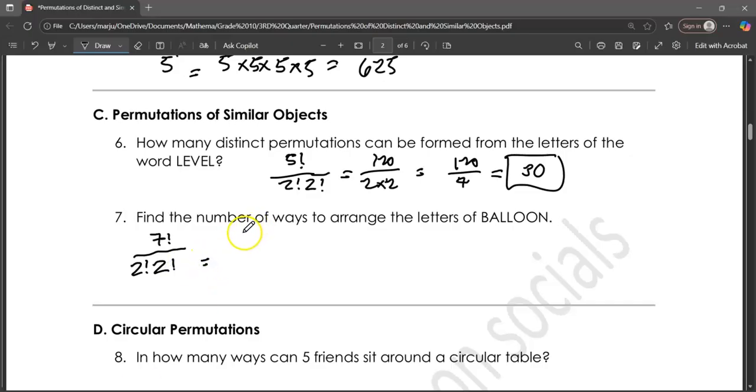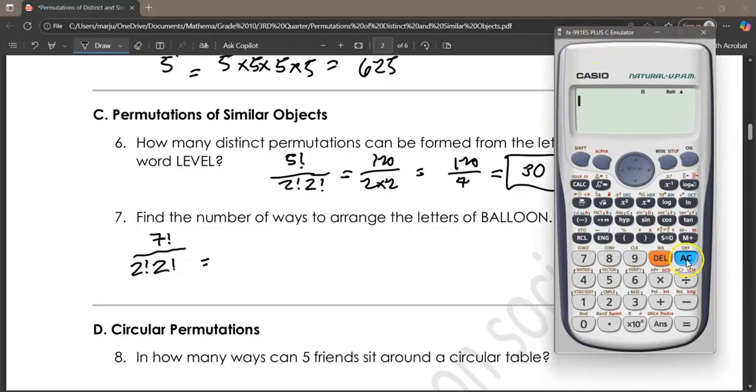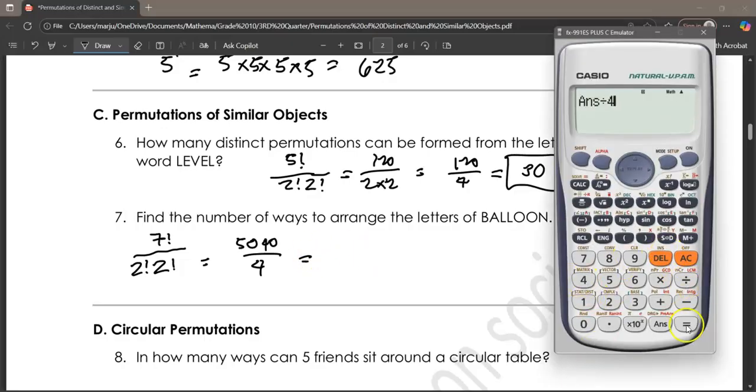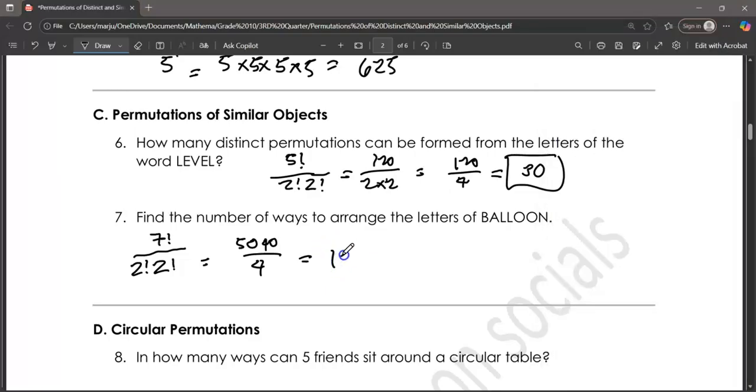I'm gonna use the calculator to make it quick. 7 factorial gives me 5040, over 2 factorial is 2, so 2 times 2 is 4. Divided by 4, that gives us 1260. That is number 7. Let's do number 8.